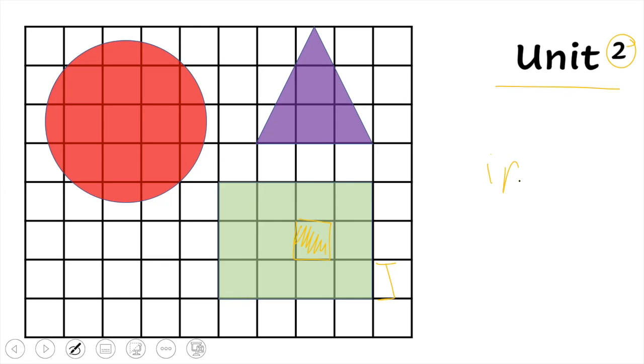It could be inches squared, centimeters squared, feet squared. It could be anything squared, but that's why we square our units in area. We do want to remember that because that is crucially important.